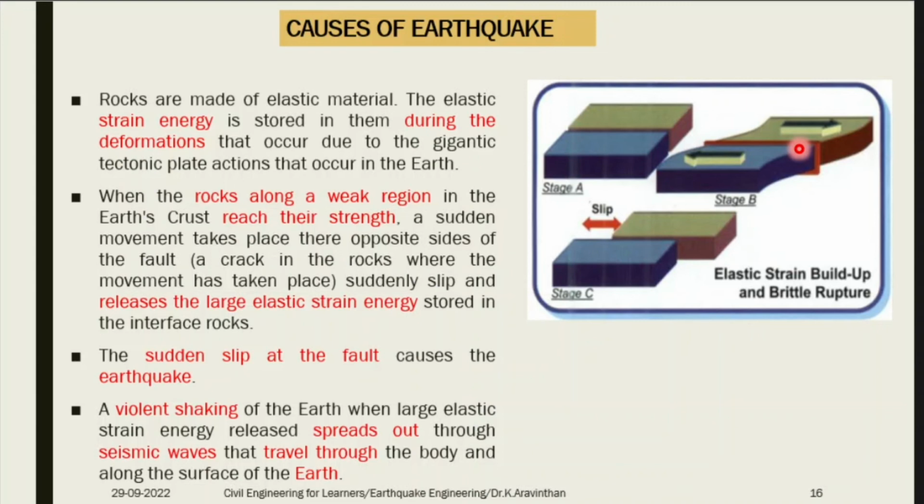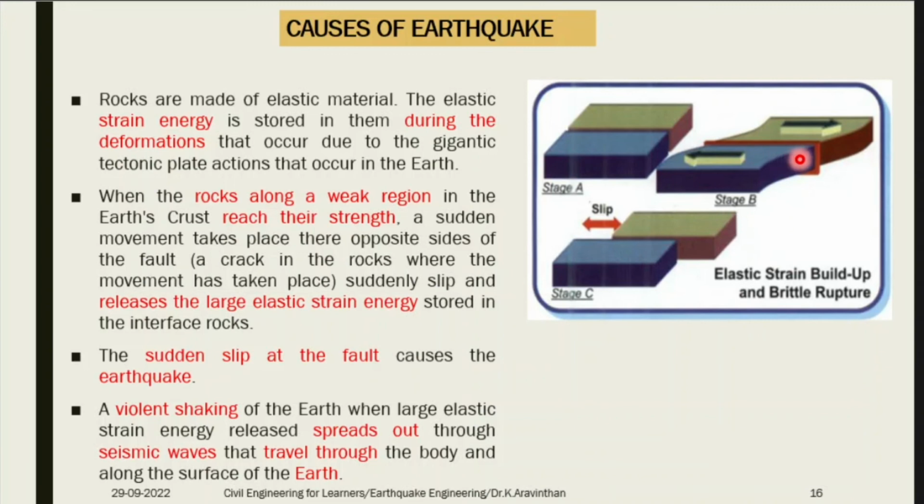From the starting point, you know that where the earthquake starts is known as the focus. At the focus, you will have a high amount of seismic energy. If you go to the end of the crust, it is going to get depleted. And when the rocks along the weaker region in the earth crust reach their strength, somewhere between the depth you will have a weaker section.